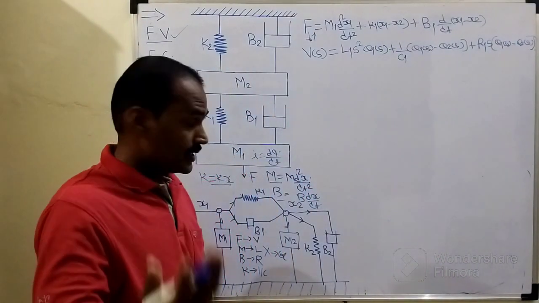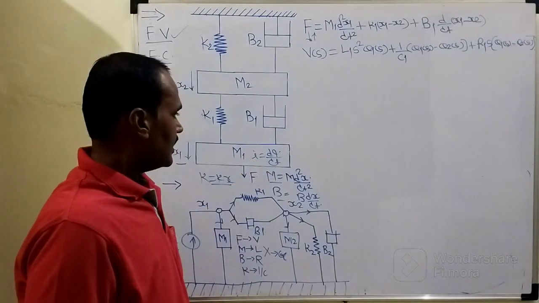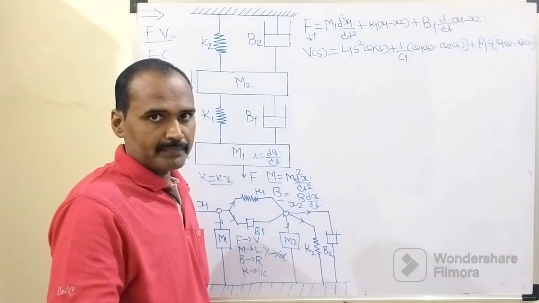In this equation, as I told you earlier, when we replace with I, that is nothing but dq by dt, right?